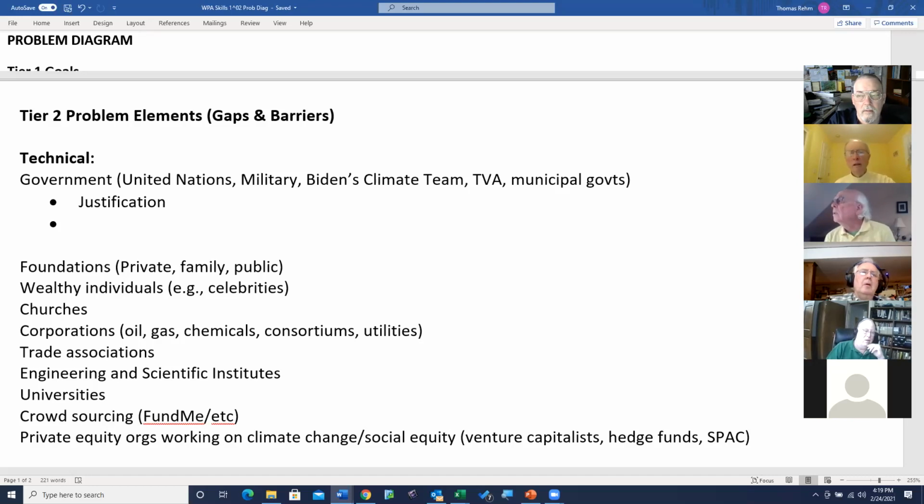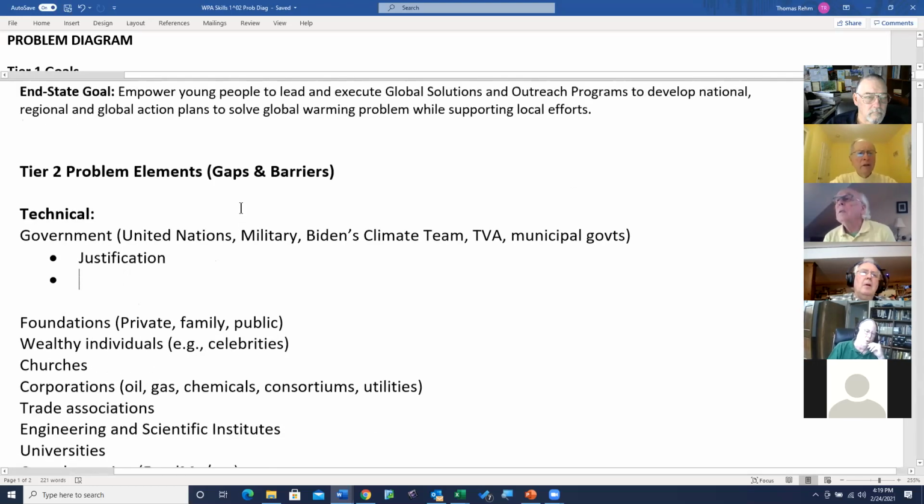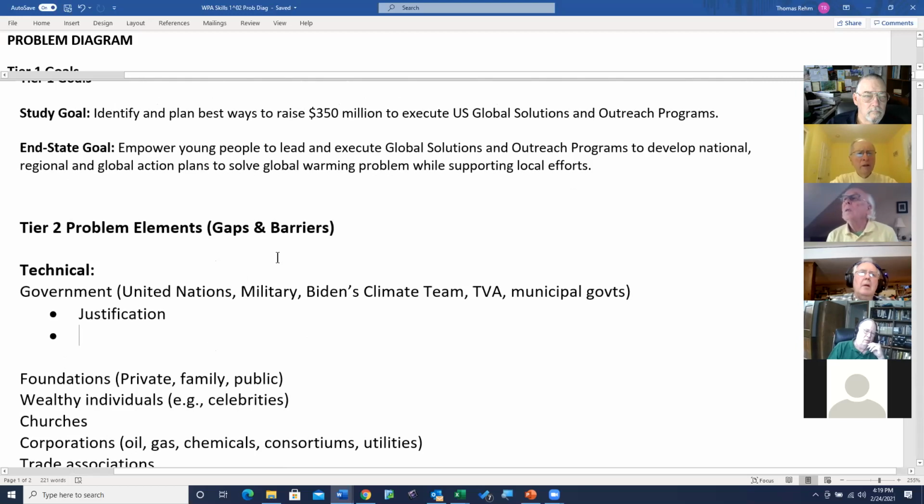If you look at your statement up there, you're going to use the money for training, global action plans to solve global warming, and to support local efforts, so you're going to have to get them involved somehow.